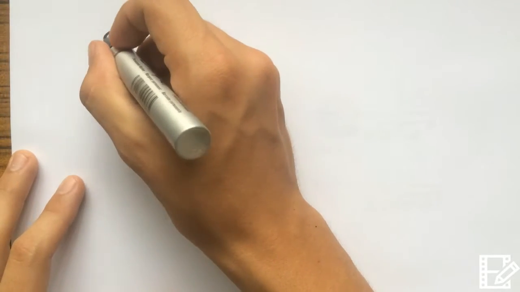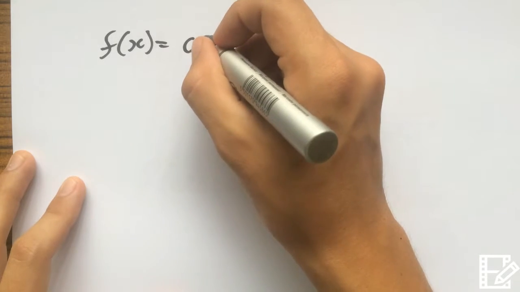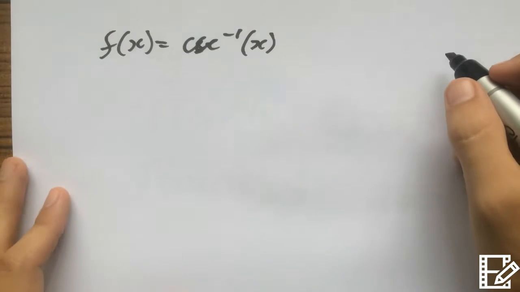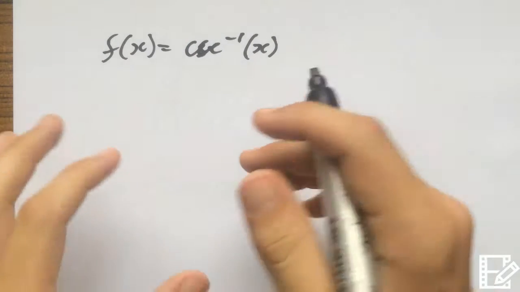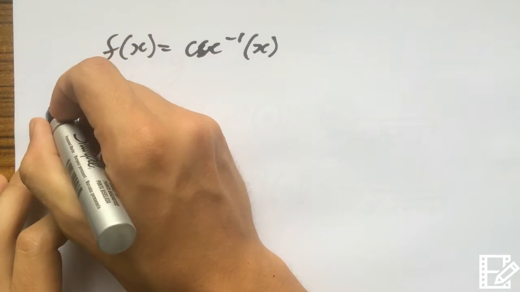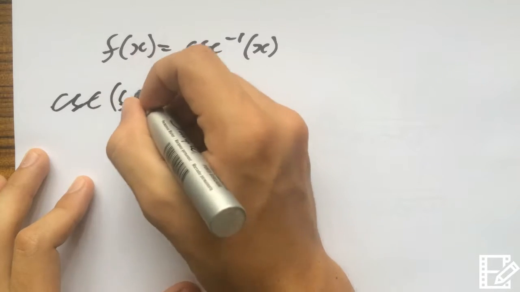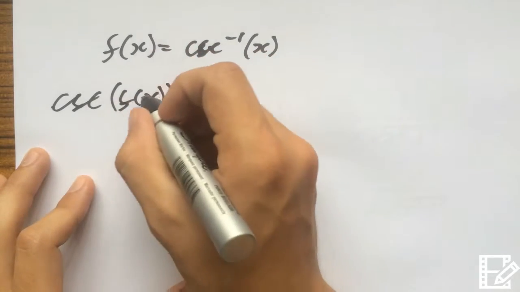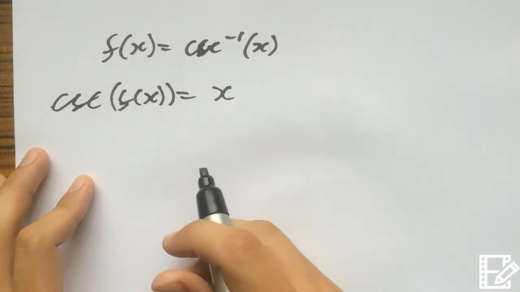Let's get right into it. So we begin with our function. That function will equal cosec to the power of negative 1 x. Now, if we had something like this, cosec fx equals x, and we wanted to find fx, we would put the inverse on the other side.